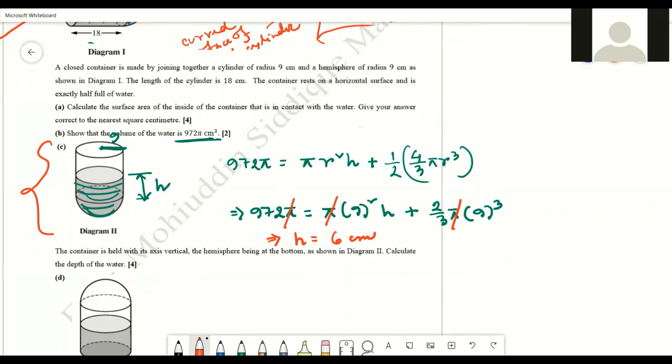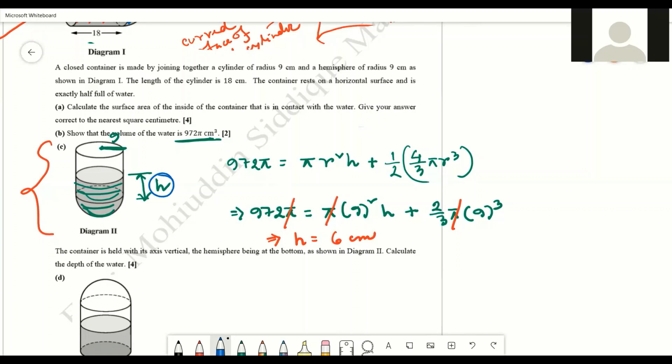One second. That's correct. h equals 6 centimeters. So the height of that cylinder is 6 centimeter.